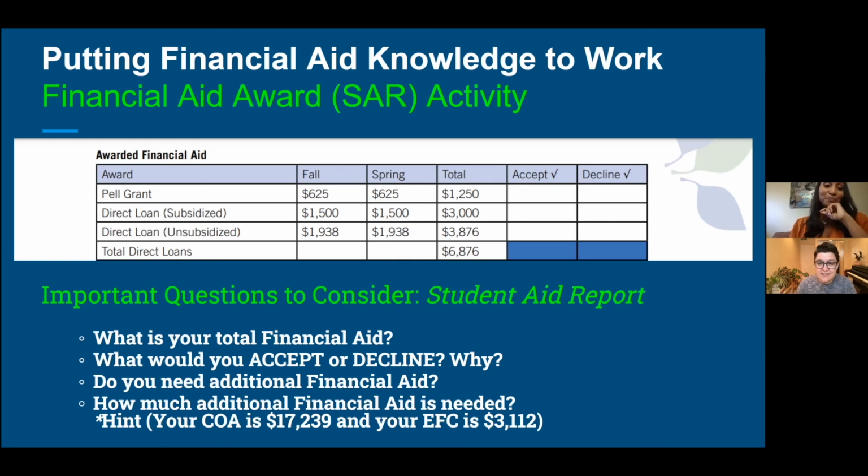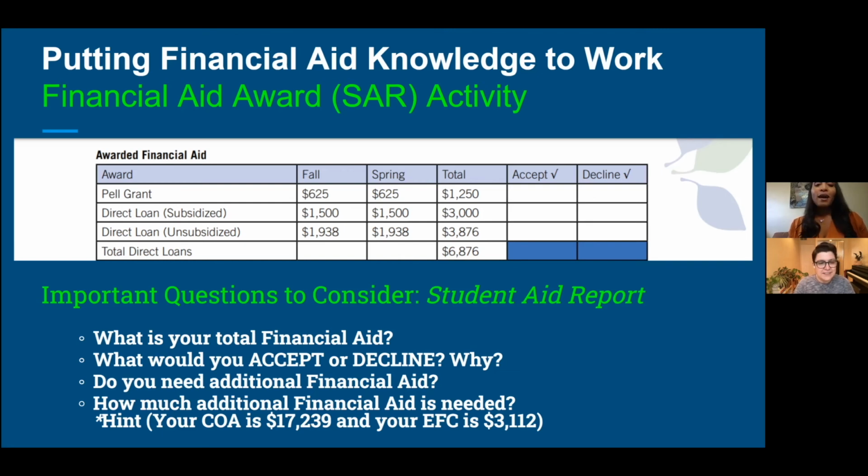Definitely the subsidized loan is the one that doesn't accrue interest while I'm in school, so that will probably be the first loan that I would accept. And then the unsubsidized, I know I'm going to have to pay interest on that a lot more than on my subsidized loan. So if I had a backup plan, then I might take that money first, depending on the circumstances.